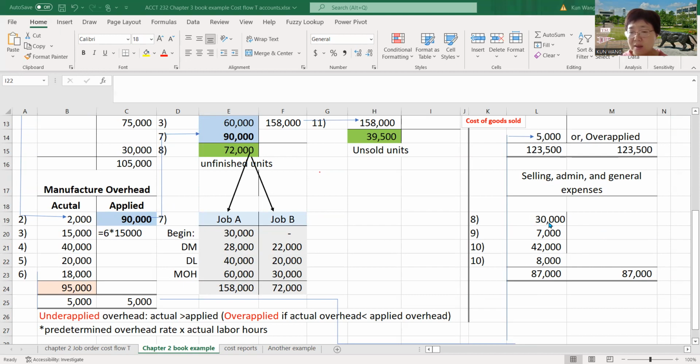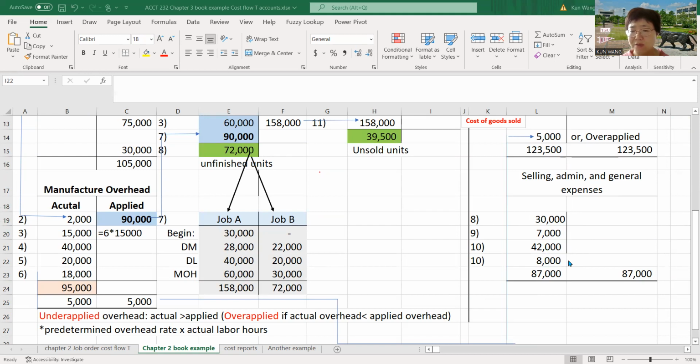Again, if you check the detailed transactions in the book, I believe this 30,000 is wages and salaries for the period, like the selling department and admin department staff, their salary and payroll. 7,000 is depreciation for the office buildings or office equipment. 42,000 is advertisement and promotional expense.